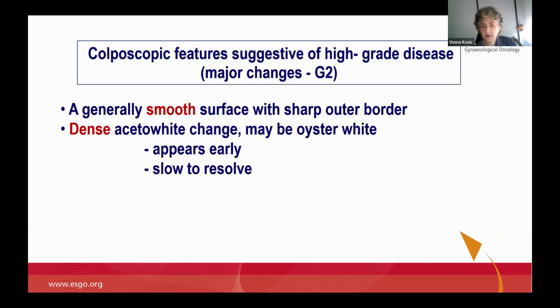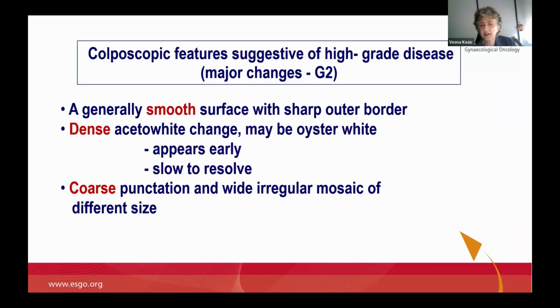It is a very white, dense acetowhite change, sometimes oyster-white. It appears early, immediately, and resolves slowly. Even without the colposcope, if something is very bad, when you look with your eye and put acetic acid on, you will see that dense acetowhite change. Punctations or mosaic are coarse and irregular, and iodine negativity is present.